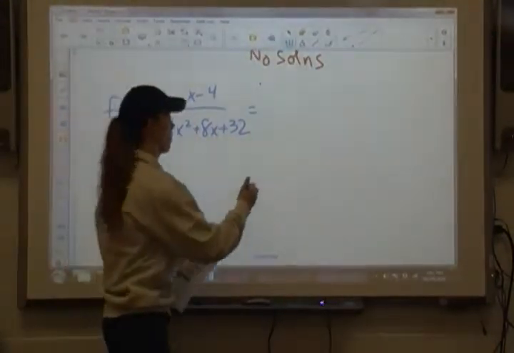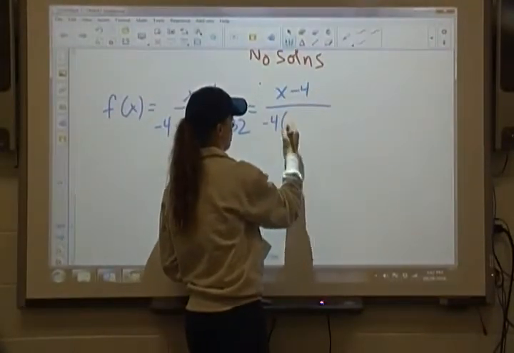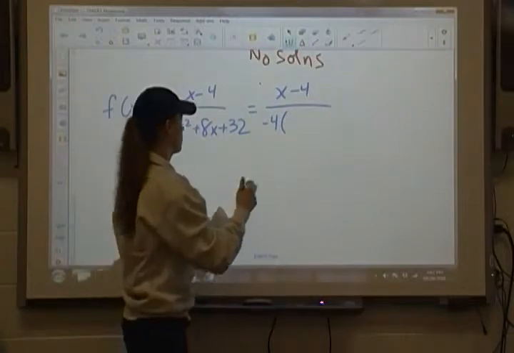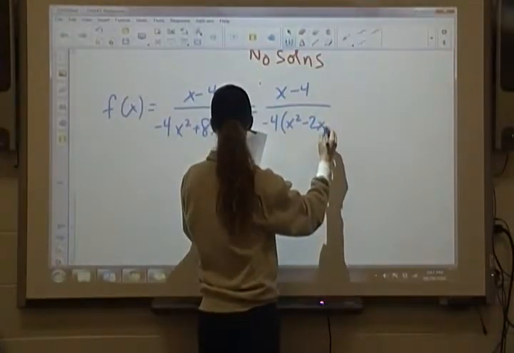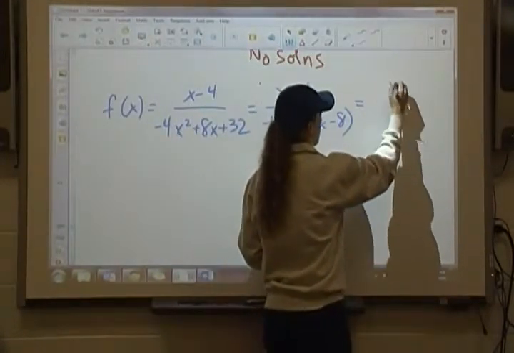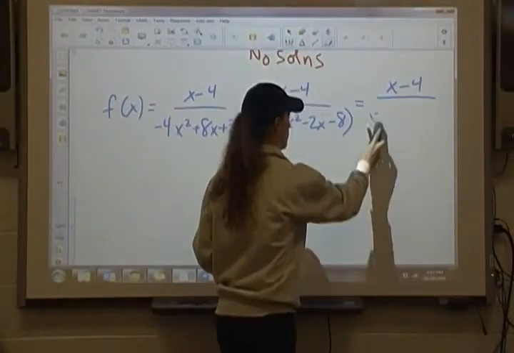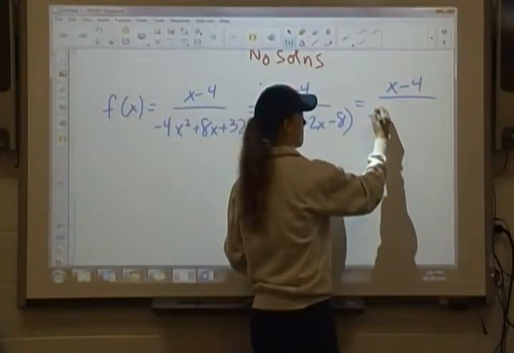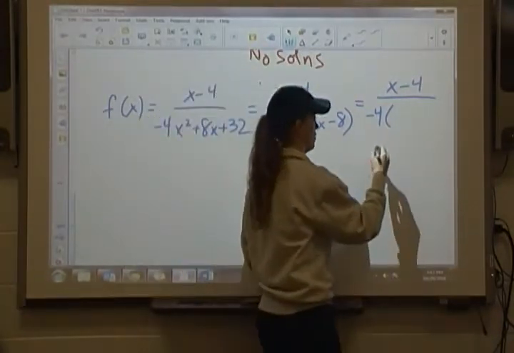We can take out a -4. So the top's just x minus 4. Take out a -4 here, and we're left with x squared minus 2x minus 8. And so we'll factor that. x minus 4 on the top, -4 on the outside, and we get x minus 4 and x plus 2.